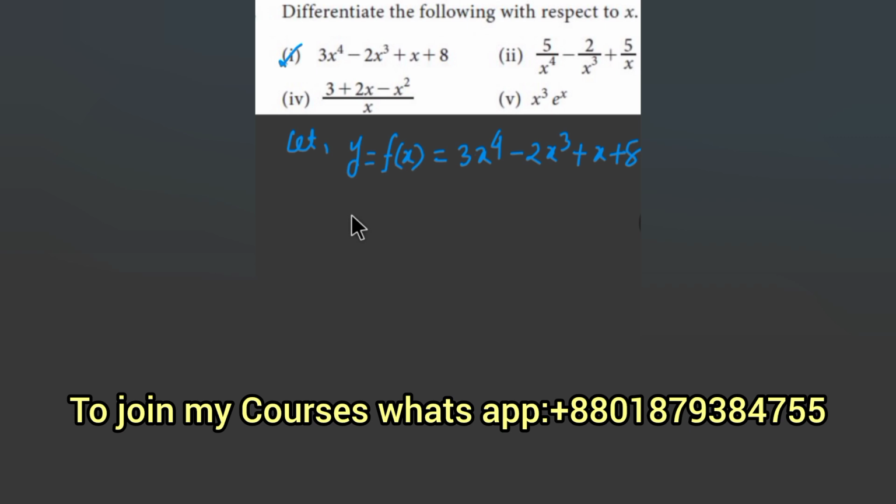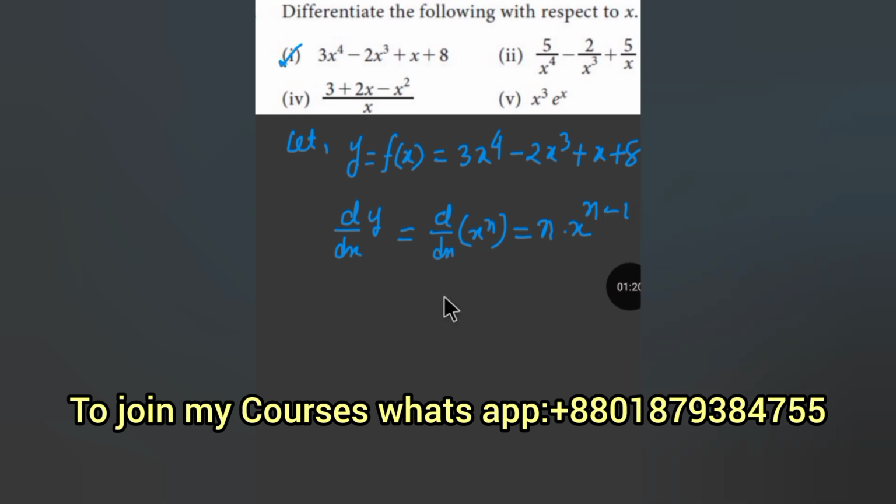So at first we will know the first rule of differentiation. dy/dx, if y equal x to the power n, then the result will be n into x to the power n minus 1.